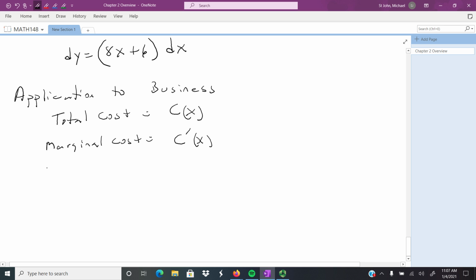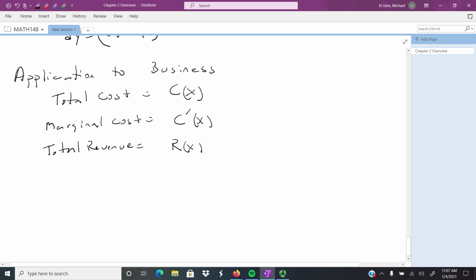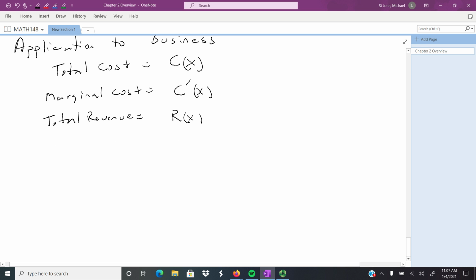And then we have total revenue, which is going to be given by R(x). And then we can have marginal revenue, which is going to be the derivative of R(x).